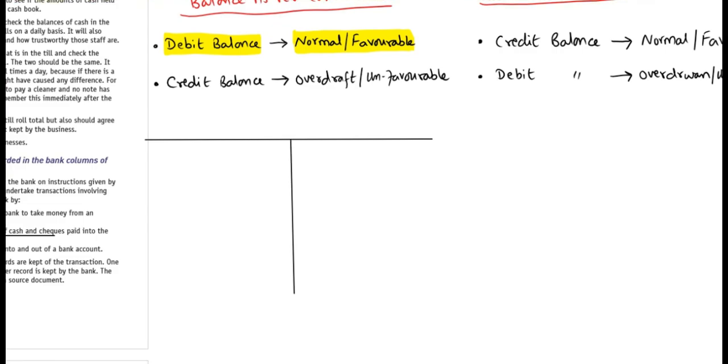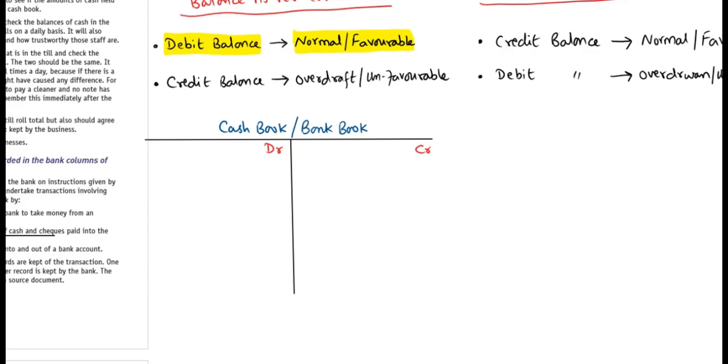So this is our cash book, also called bank book. So it's our debit side. It's a ledger of cash book or bank book. It's a credit side.